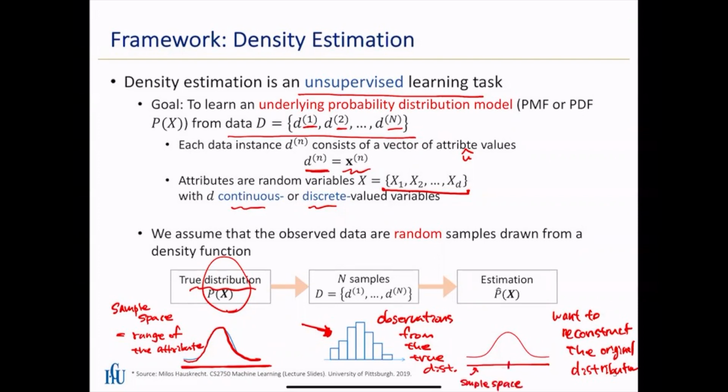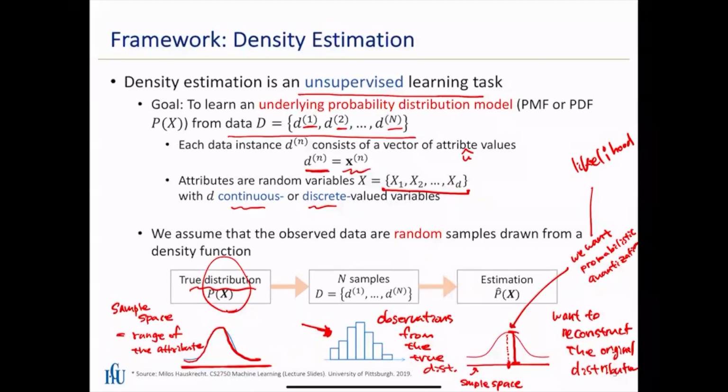If any value on the sample space is given, we want to return the probabilistic quantization. This probabilistic quantization is called the likelihood.